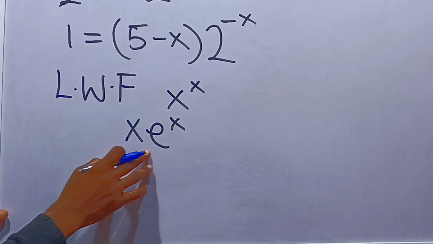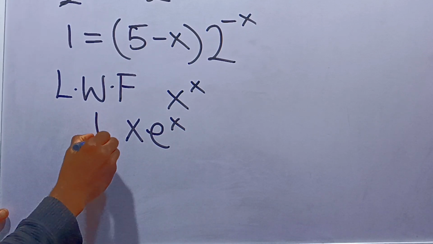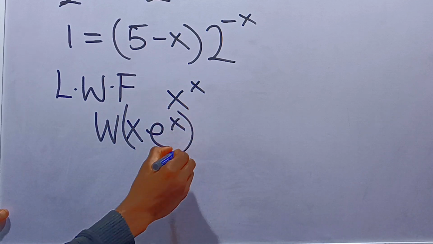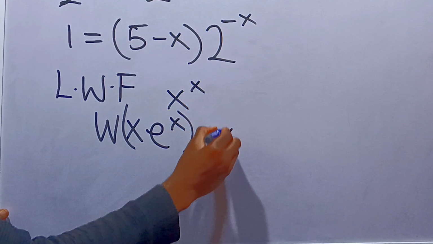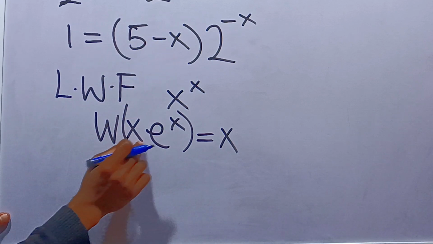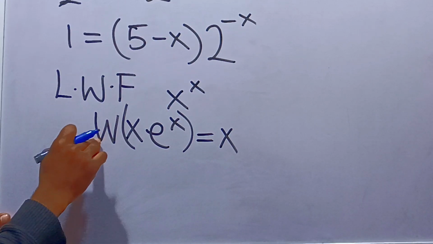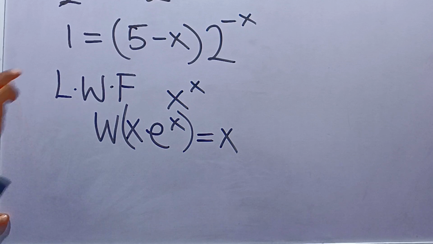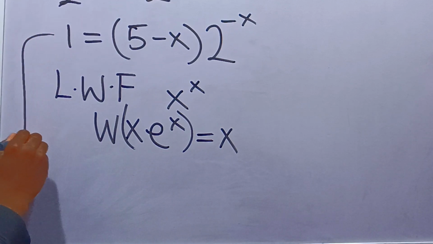Once we've expressed it in the form of x e to the power of x, if we take the W of x e to the power of x, it is equal to x. When we take the W, which is called the product log, of x e to the power of x, it should give us x. So let's do that now.